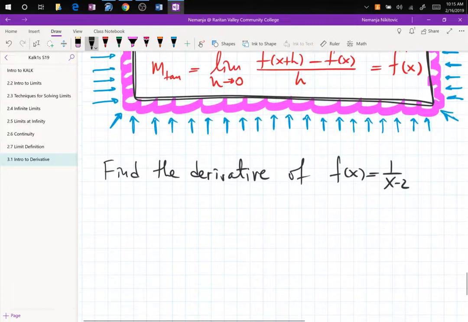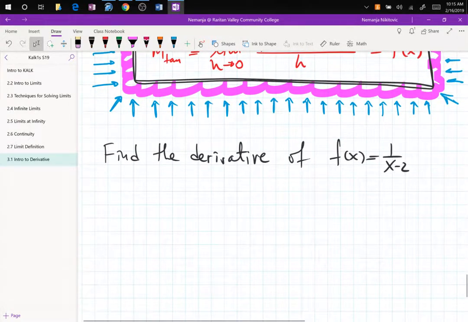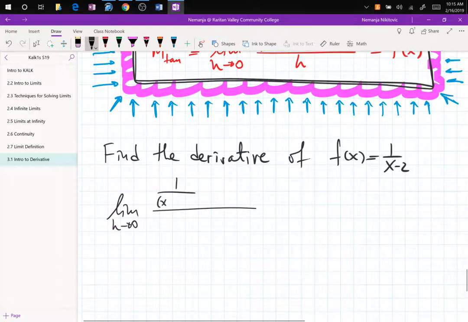All right, so we just plug in a difference quotient and hit it with the limit. Limit h goes to 0, and now I have f of x plus h, so 1 over x plus h minus 2, minus 1 over x minus 2, over h.